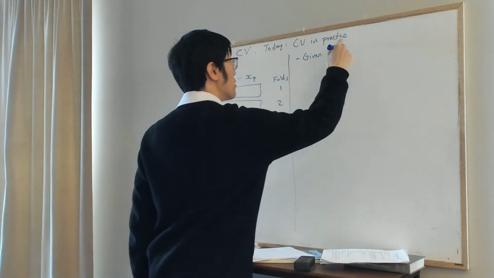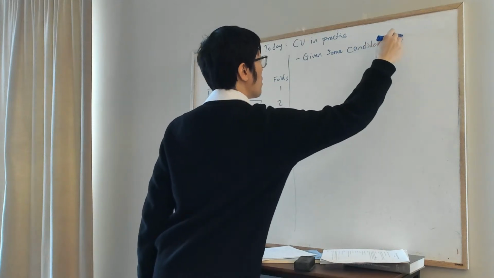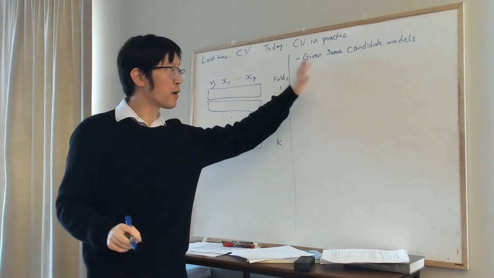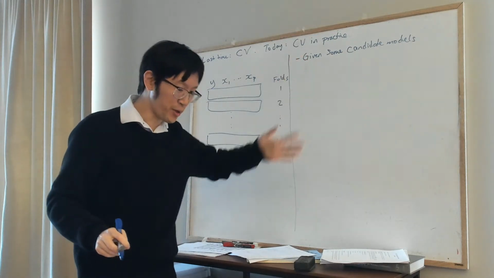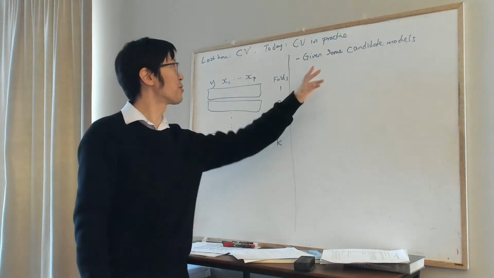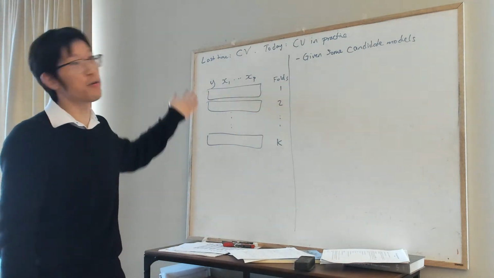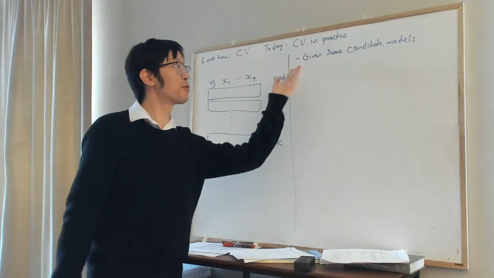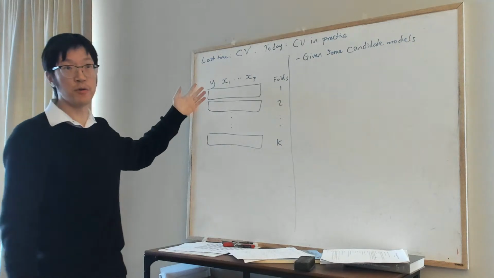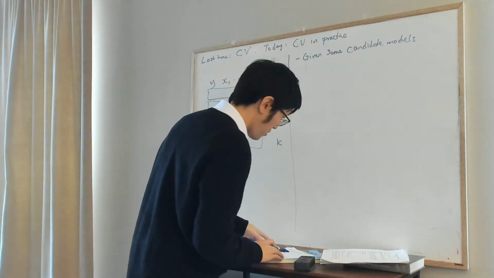For example, in our quick demo last time, I just picked 3 models. I called them M1, M2, and M3, and we looked at the average validation error. If I already have a few models in mind, then I can use the estimated mean square prediction error to select one of those.